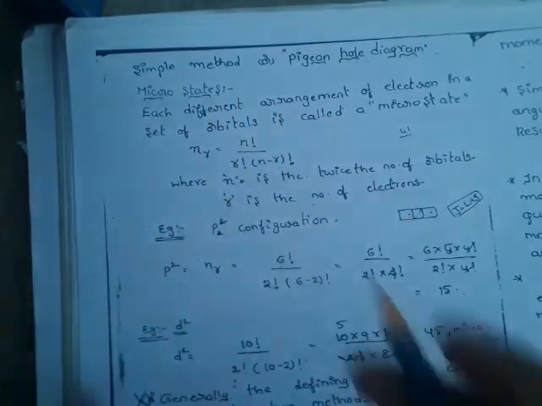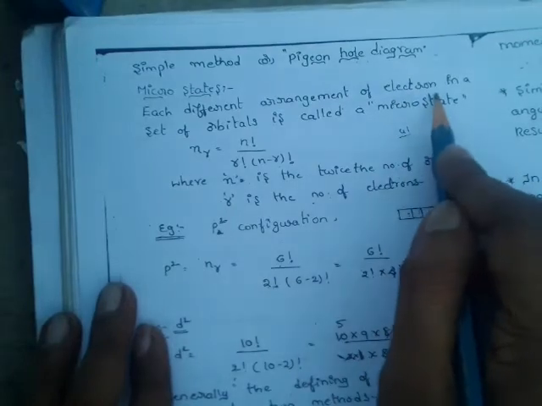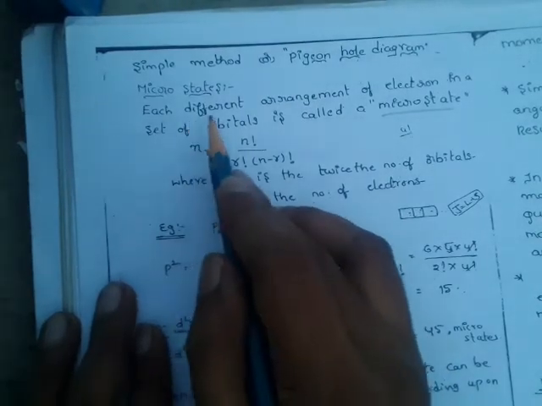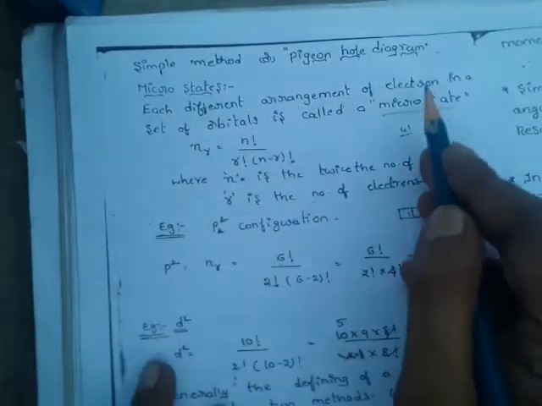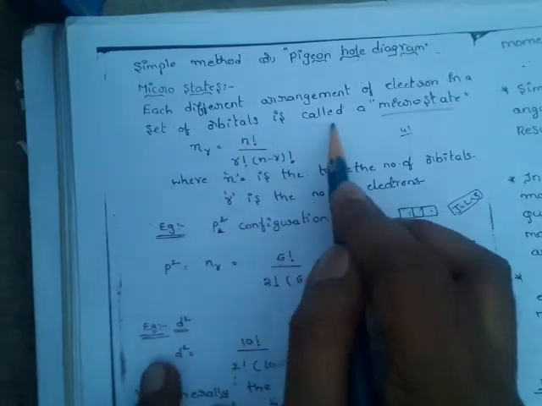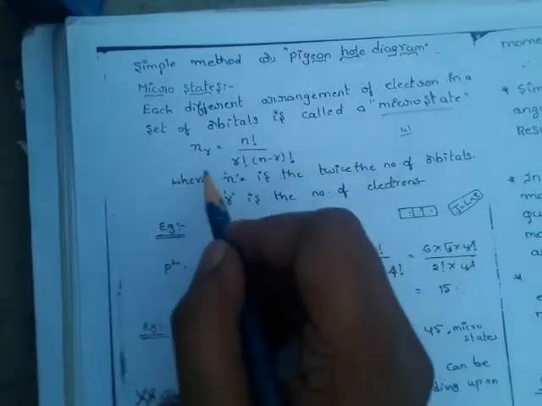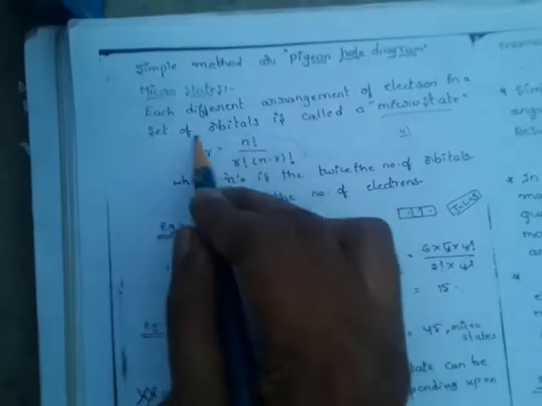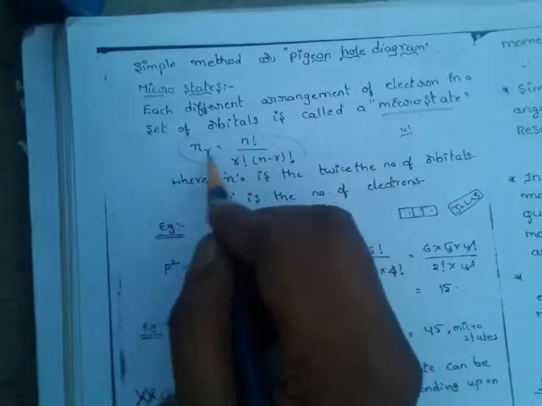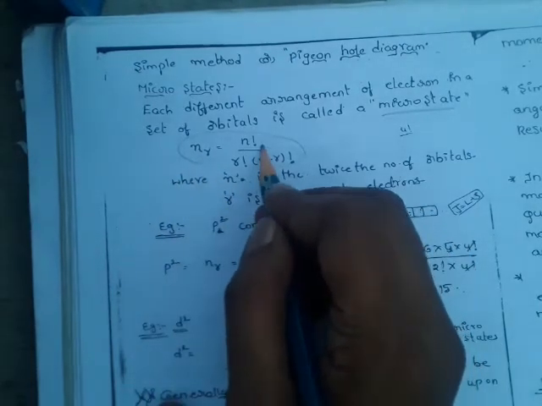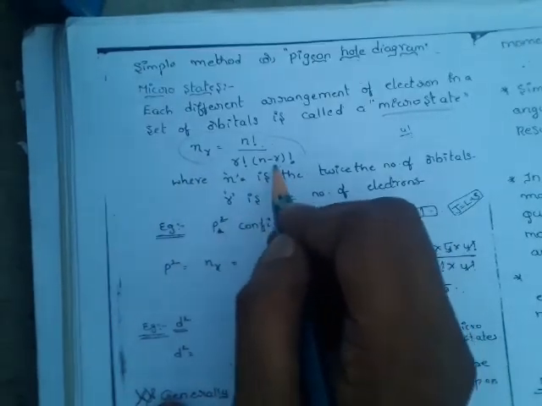What is a microstate? Each different arrangement of electrons in a set of orbitals is called a microstate. For this, a formula is there. You know the nCr formula: n factorial by r factorial into n minus r factorial.